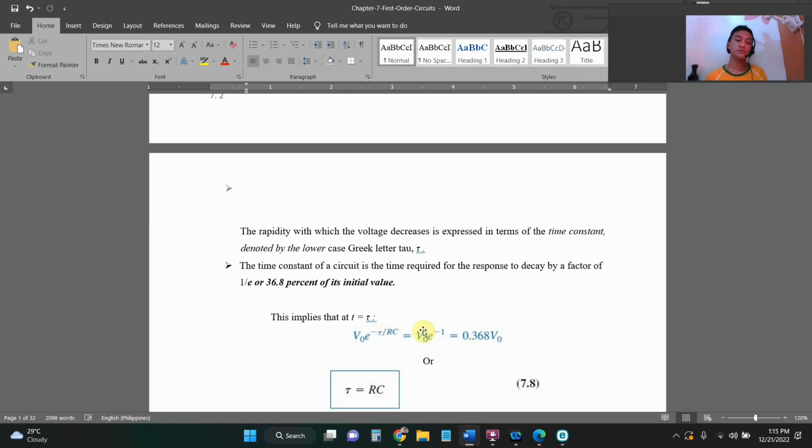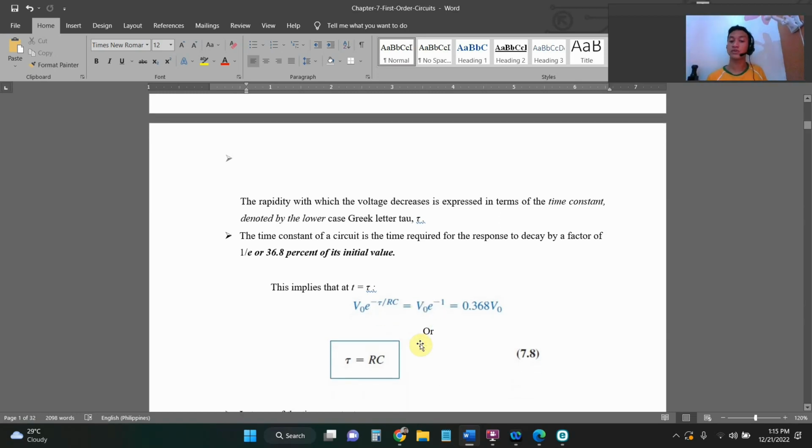That is, at t equals tau, V sub 0 e raised to negative tau over RC equals V sub 0 e raised to negative 1, which equals 0.368 V sub 0, or simply tau equals RC.